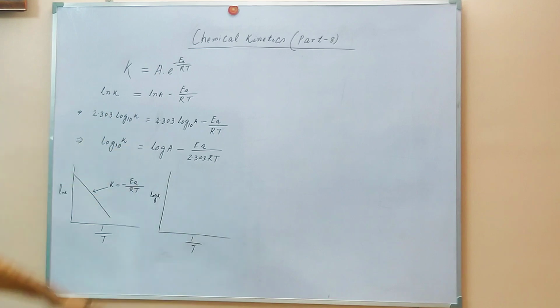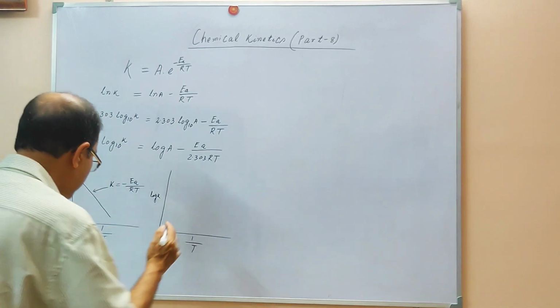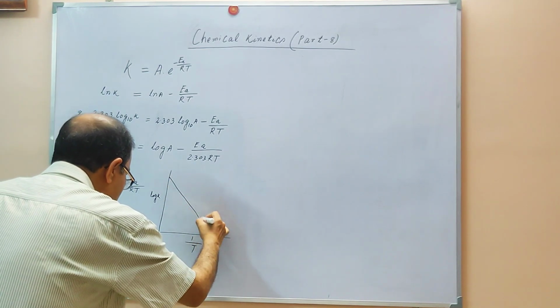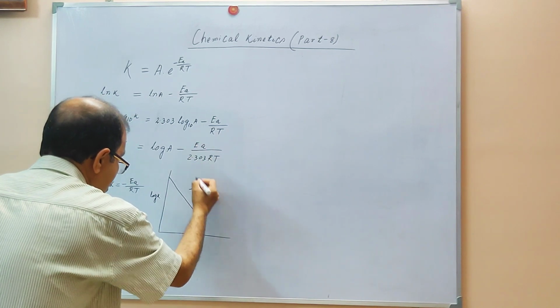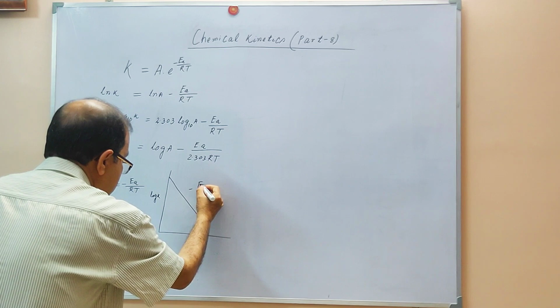Now if we plot log k against 1 by T, you will also find a straight line, but its slope changes.